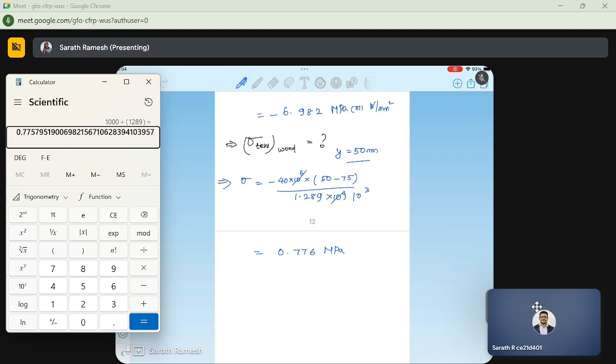Okay, that's it. Next, what is the tensile stress developed in steel?